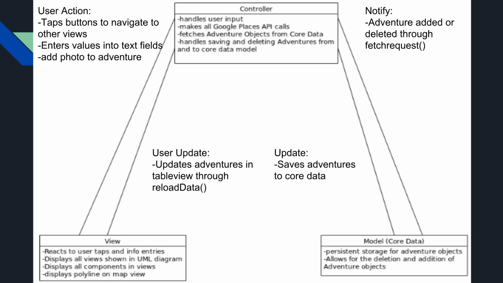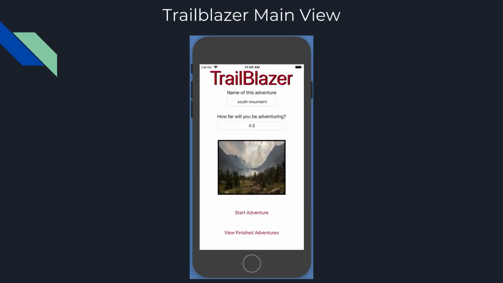So the model can communicate with the controller by notifying that there's been some change through the fetch request method, and the controller can communicate to the model by updating it by either saving new adventures or saving the adventures after one has been deleted or something like that. So that's pretty much it for the MVC architecture of the application. So let's move on to the actual walkthrough of the application.